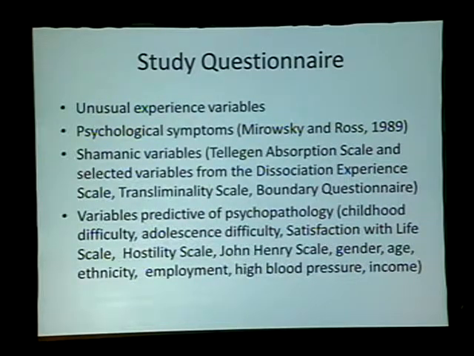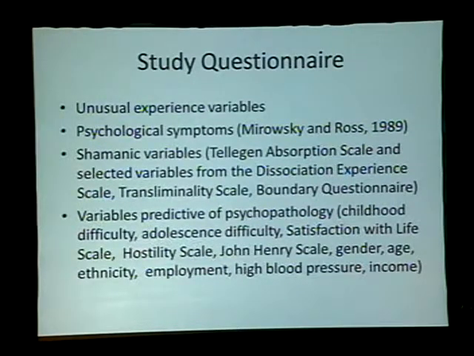The variables were selected due to their correlation with hypnotizability, which I thought was central to my theory. Okay. Variables predictive of psychopathology, I threw them in because I wanted to get a reference, I wanted to see how the correlational mapping would show how strong my variables were compared to things which were supposed to be predictive of psychopathology.